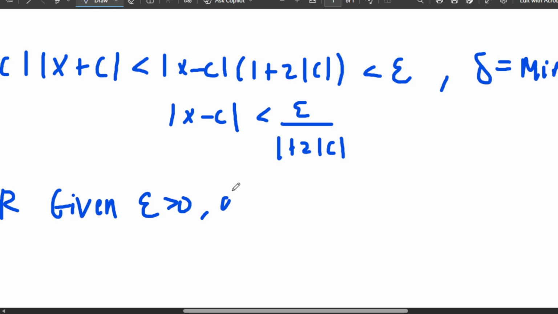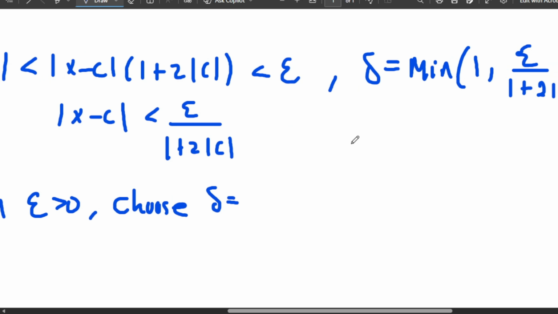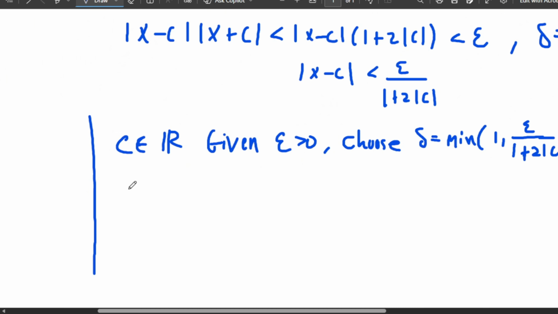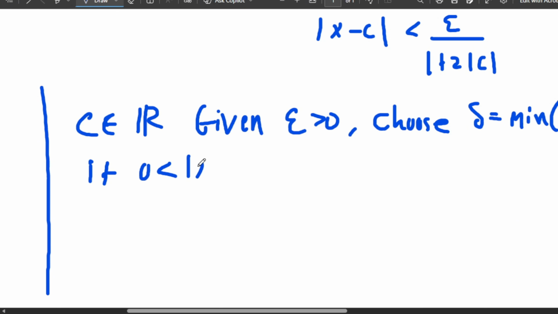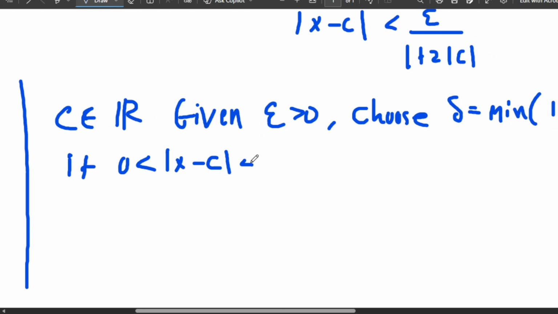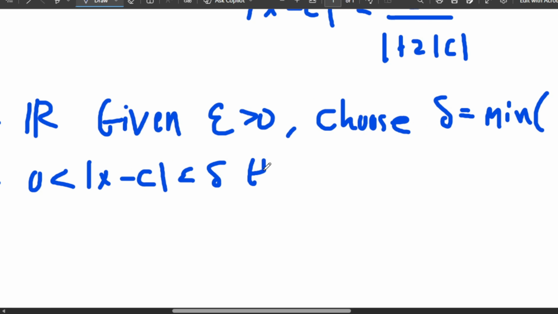We choose delta as the minimum of 1 and epsilon over 1 plus 2 times absolute of C. If x minus C is strictly between 0 and delta, then we know two facts.